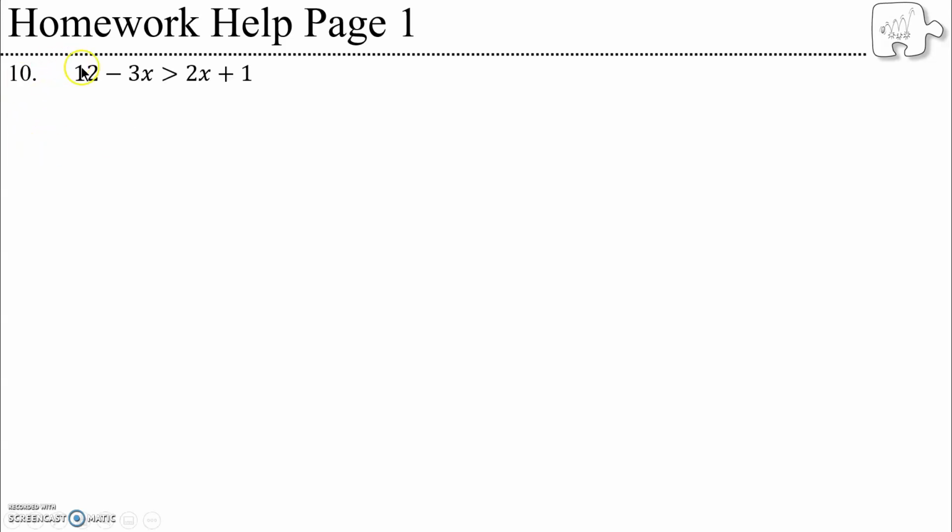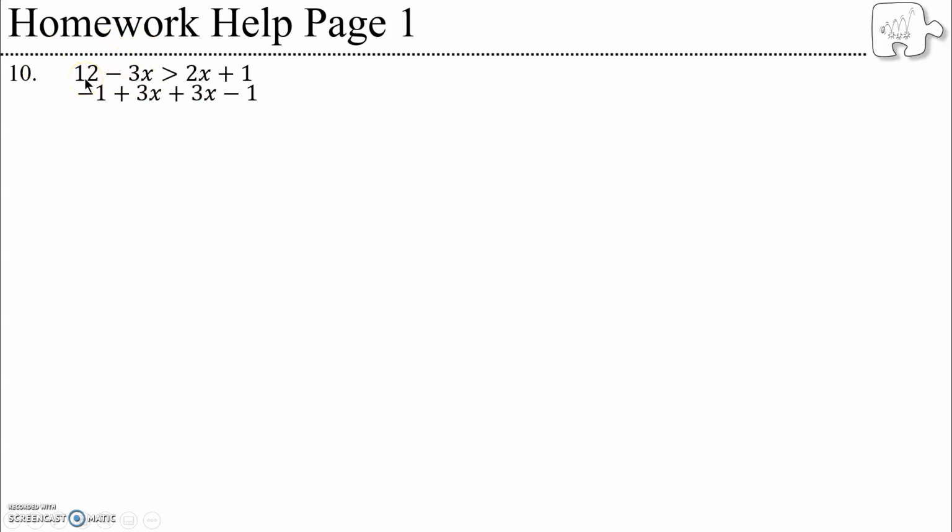Now we have 12 minus 3x is greater than 2x plus 1. Remember, we solve these just the same way that we solve equations. We have to move all the x's to one side and all the 1's to the other. Usually that first step of moving stuff over is always adding, so we're not going to change the direction of the sign.